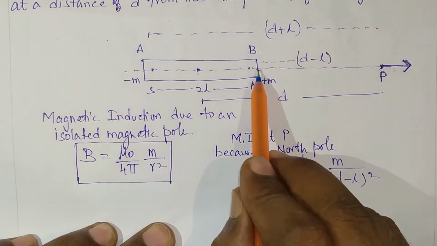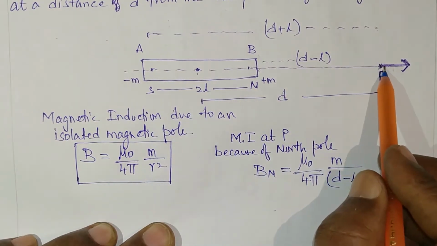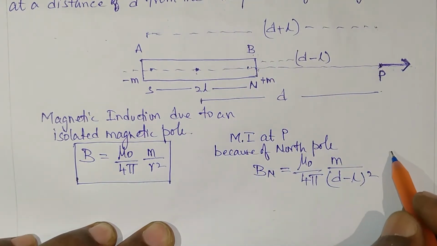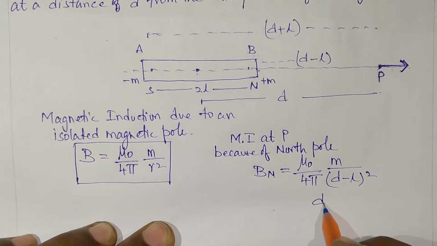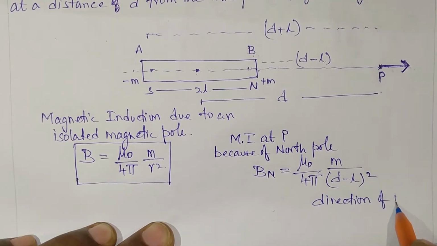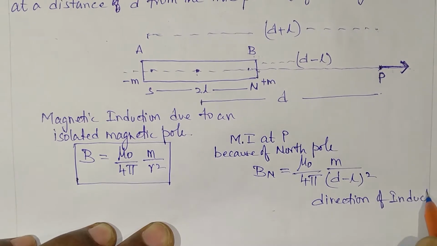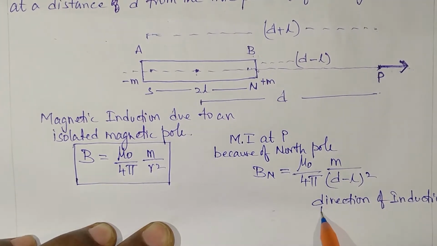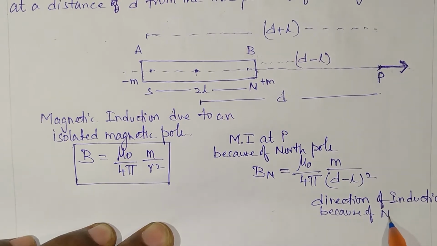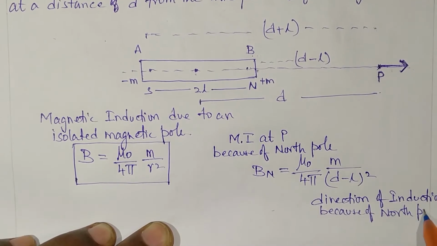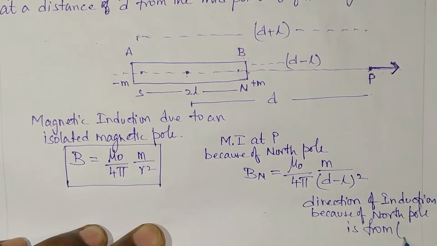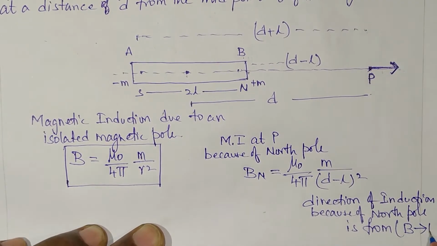The direction of induction because of this north pole is from B to P.